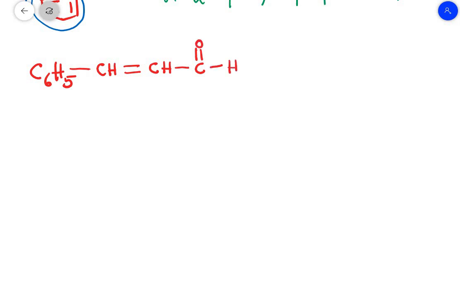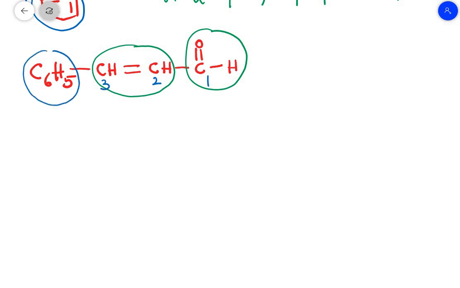Now here this is the functional group, and we have one more functional group here, that is the double bond which is present here. Let us write the numbering. This is the first carbon, this is the second carbon, this is the third carbon, but this will be present as a substituent on the third carbon atom. So the name of this compound is 3-phenyl, because at third position we have the phenyl group.